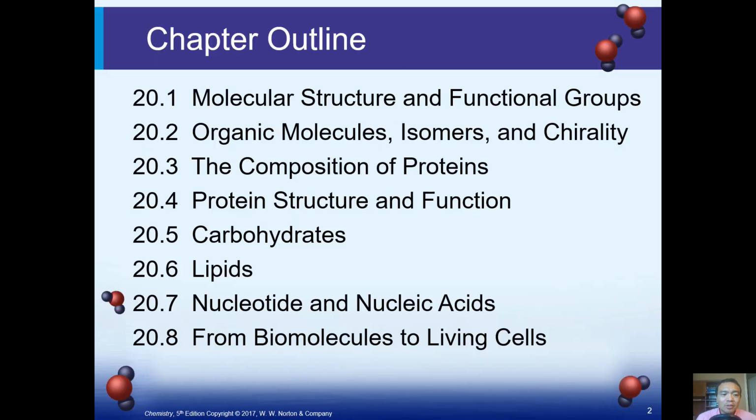First, we'll talk about some molecular structure and the functional groups of organic molecules. And then we'll talk about the relationships of different organic molecules. In that section, we'll go over the concept of different isomers, for example, constitutional isomers versus stereoisomers, etc. Then next, we'll talk about some biomolecules.